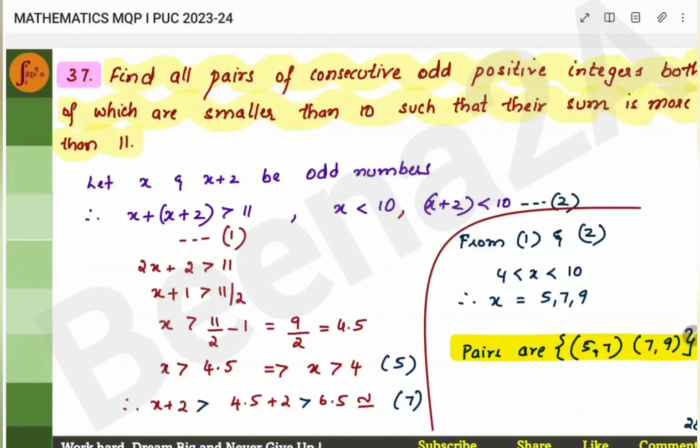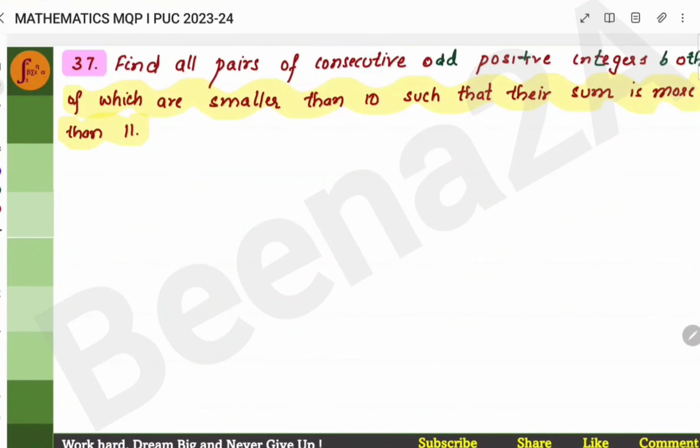37th one. Find all pairs of consecutive odd positive integers, both of which are smaller than 10, such that their sum is more than 11. Consecutive means next to each other. So let's assume the two numbers, consecutive odd numbers, be say x and x plus 2, right?